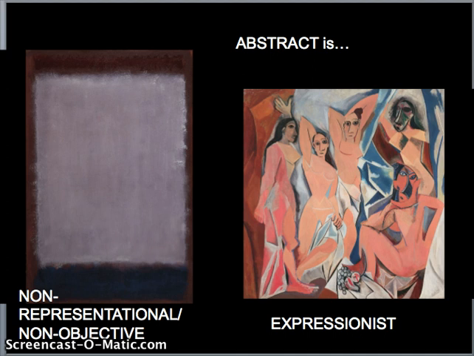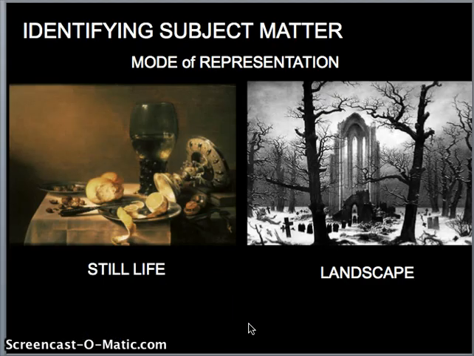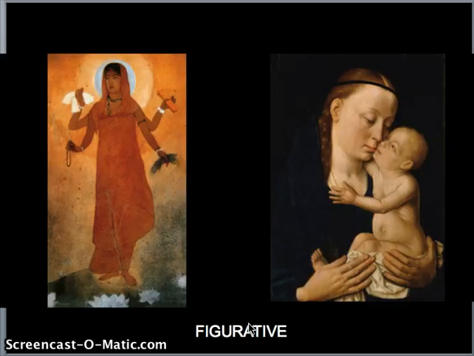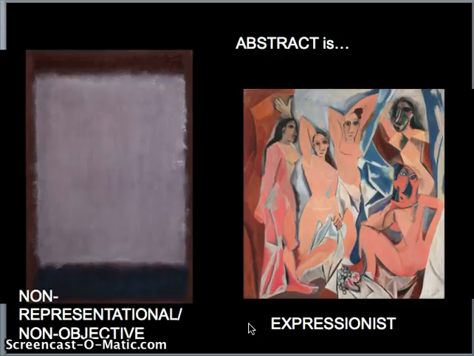So there are different levels of abstraction. The examples I gave previously with the still life and landscape and figurative, that's pretty realistic, right? So that's called naturalism or realism. Abstract, however, is not really based in reality. We're not closely observing it and putting it exactly as it would be based on linear perspective and things like that.